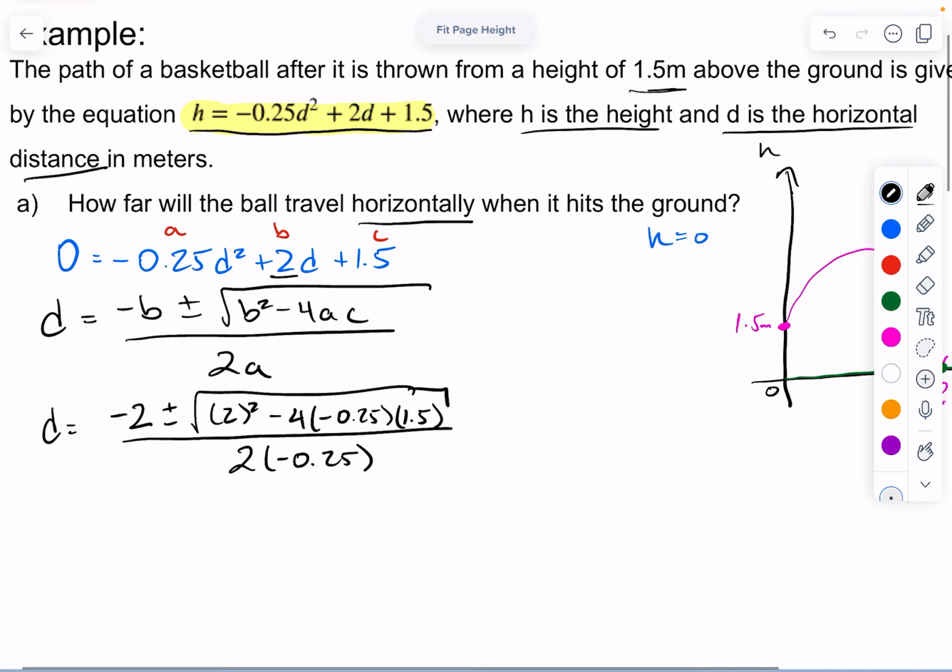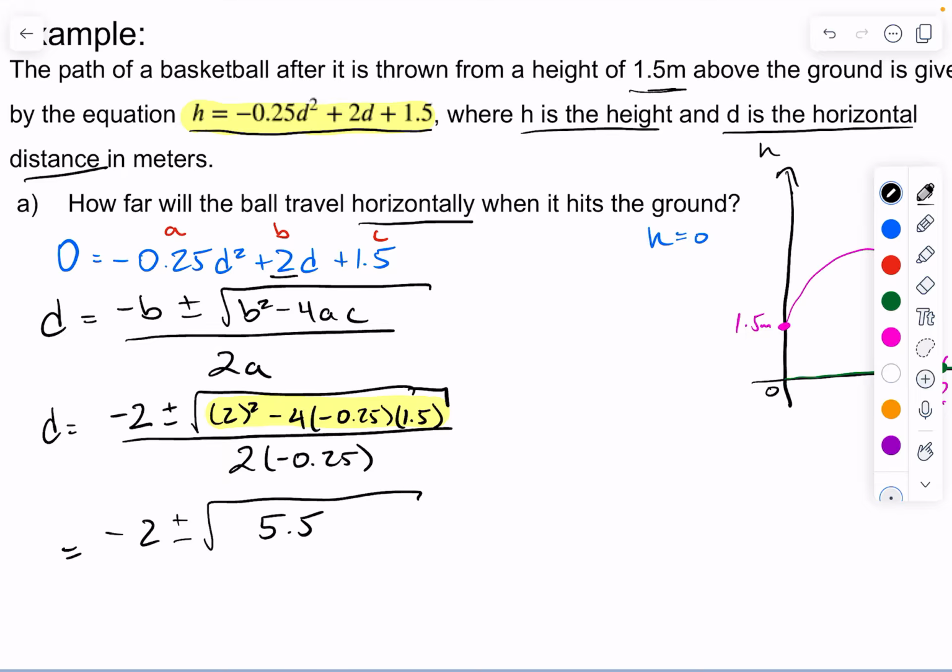Okay, and now we just start working it out, just like we did. So d is equal to negative 2. Remember, our first job is to figure out what's inside the square root. So negative 2 plus or minus the square root of, if you put that into your calculator, you should get 5.5 divided by negative 0.5.